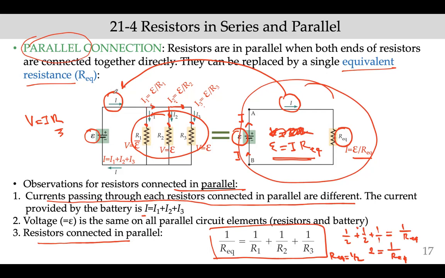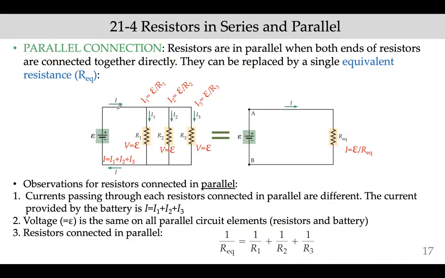And that I will be equal to, as you can see, I comes in and it's split into 3 currents. So then I will be equal to I1 plus I2 plus I3. And those 3 currents combine at this point, and then they become I again, and they go back to the battery.